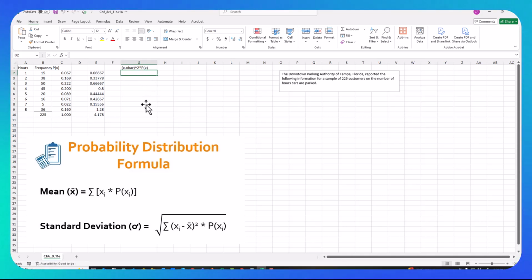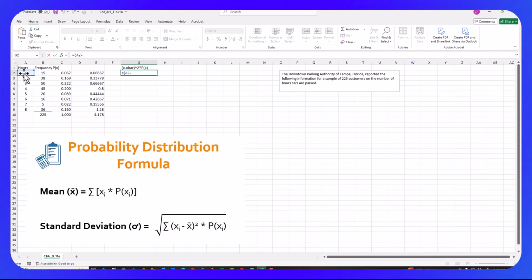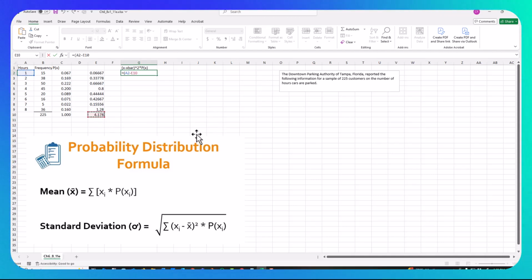So if I do equal the X value minus my mean, which is that value, and remember, if you want to copy this, which I do, you put the dollar signs, and then shift 6 to get the exponent squared times the probability. Oops, wrong one. The probability, that one. This is what I used for the mean.